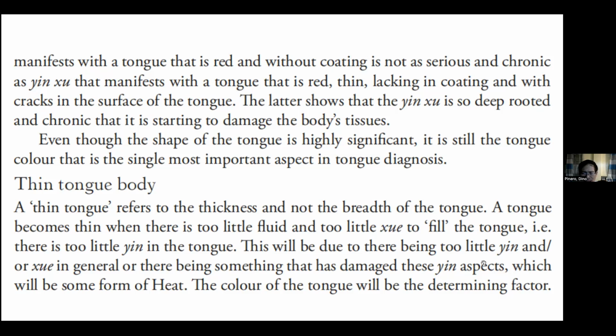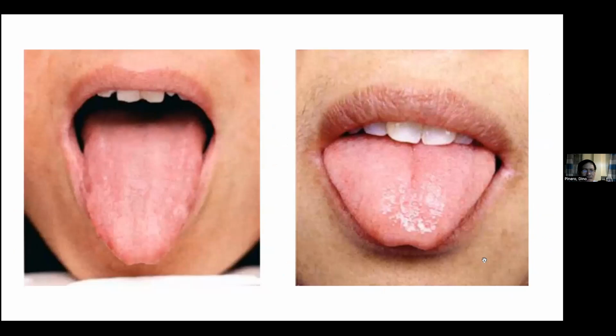So pwede rin na hindi lang dahil konti yung fluid or konti yung blood, but there could also be some form of heat na sinisira niya po yung yin aspect ng patient. So dito, the color of the tongue will be the determining factor sa heat, which malalaman natin kung may presence of heat because of the reddish coloration ng tongue.